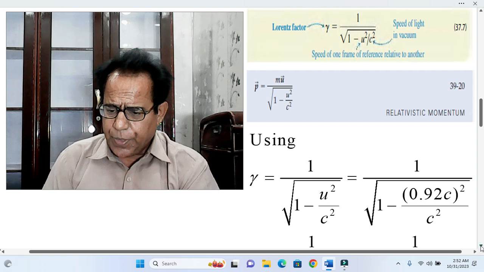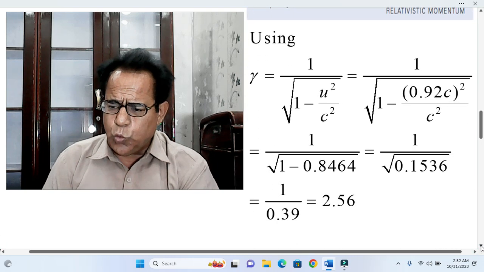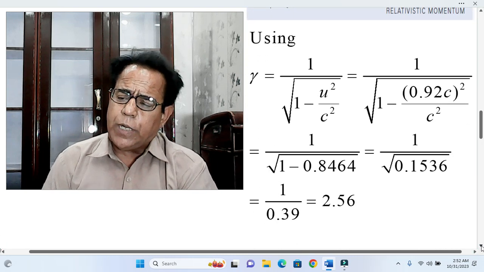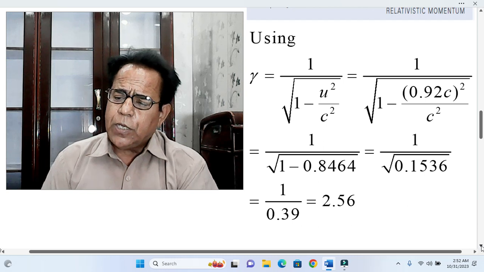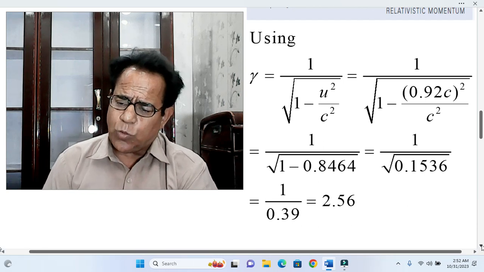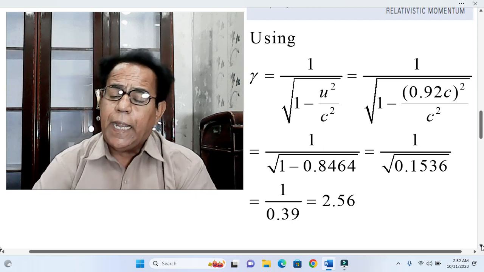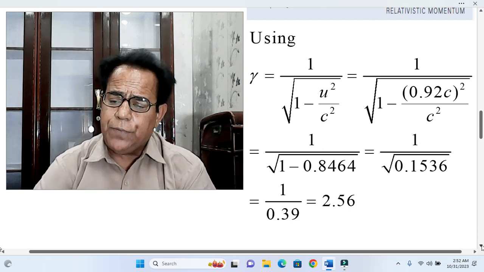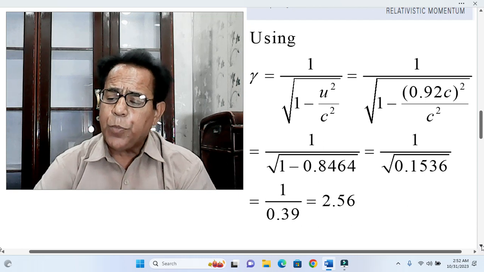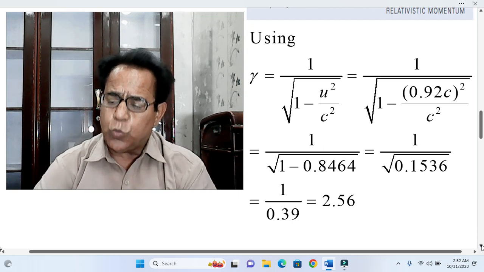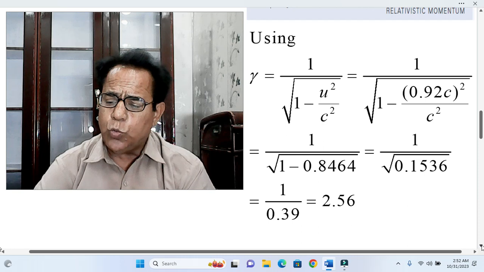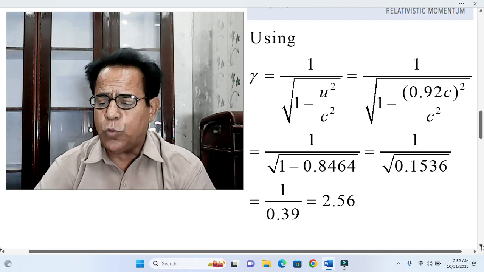In place of u, we will place 0.92 c, squared over c square. Here c square will cancel out with c square, and in the next step we will put the value of the square of 0.92, which is 0.8464.